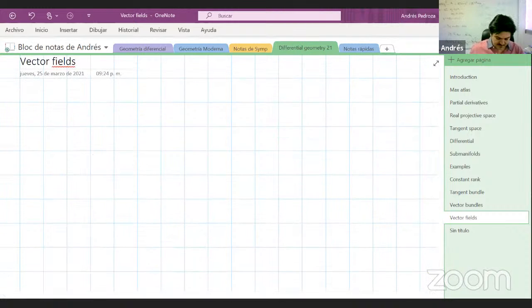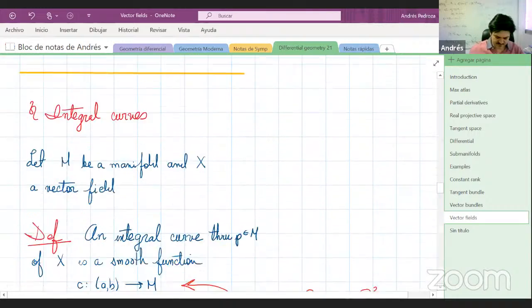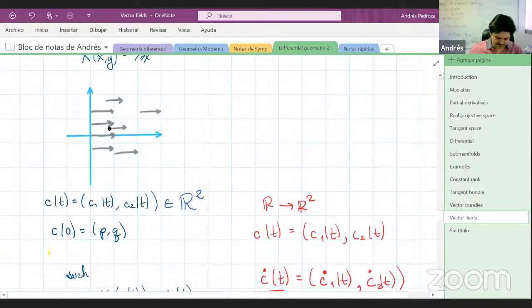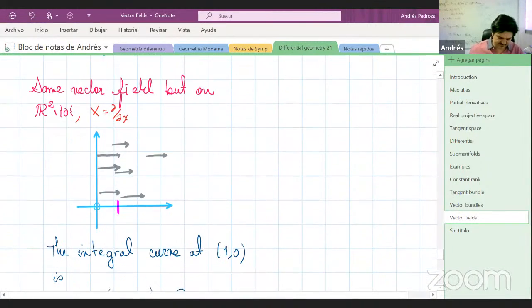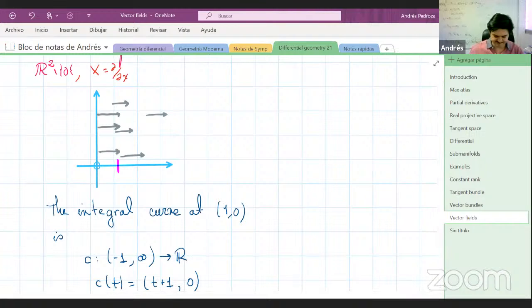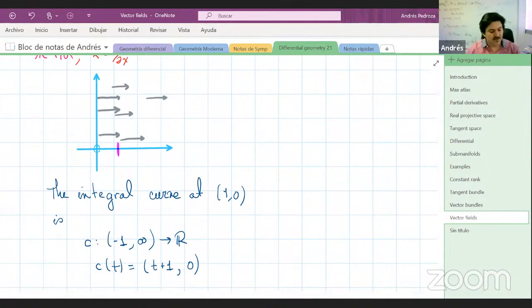There are two aspects that come into play here. First is the solution of the ordinary differential equations.